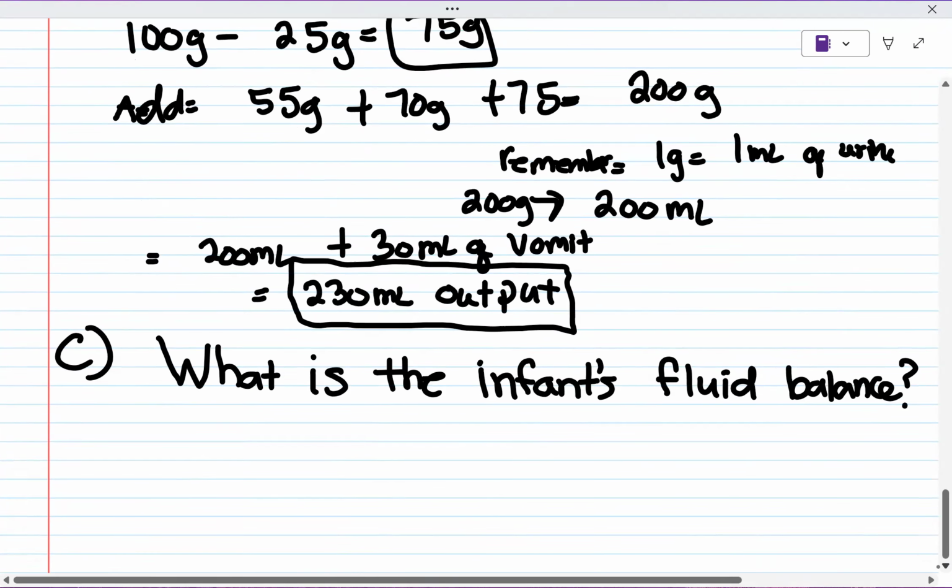Okay, there's a last part. Part C says, what is the infant's fluid balance?